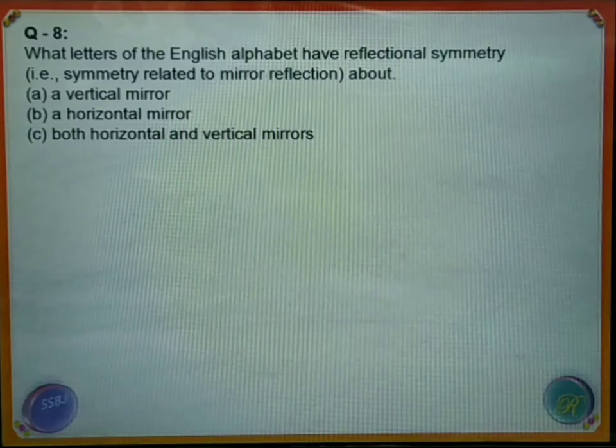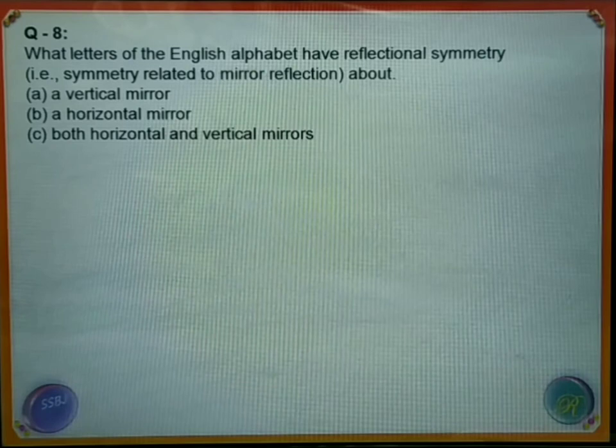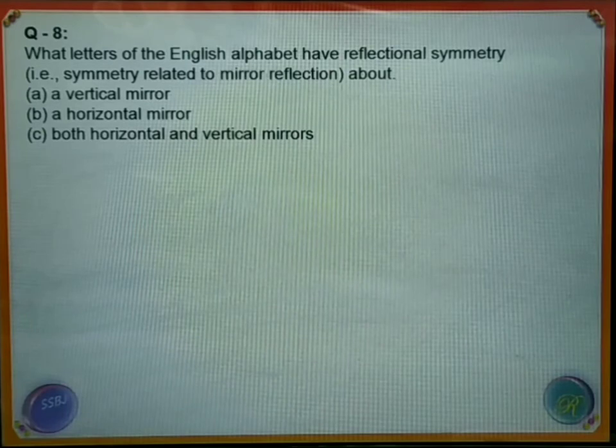Question number 8. What letters of the English alphabet have reflectional symmetry? That is, symmetry related to mirror reflection. About A, a vertical mirror, B, a horizontal mirror, C, both horizontal and vertical mirrors.